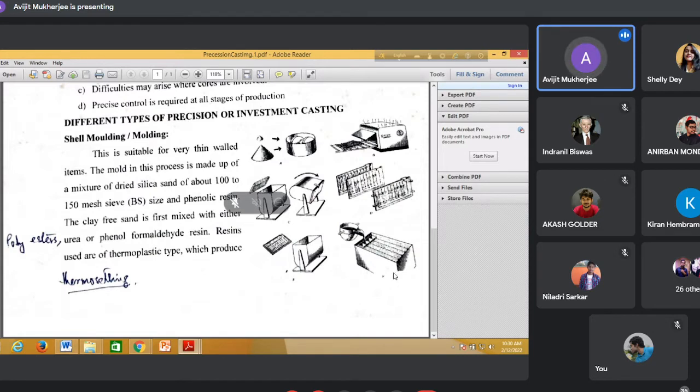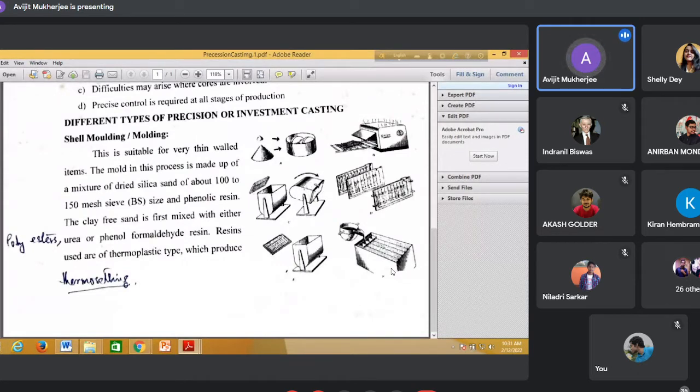Now cover this open mouth with this heated pattern, right? And then after swiveling, you just turn this dump box upside down in this way. Tilt the dump box upside down so that all the molding material falls on this plate.